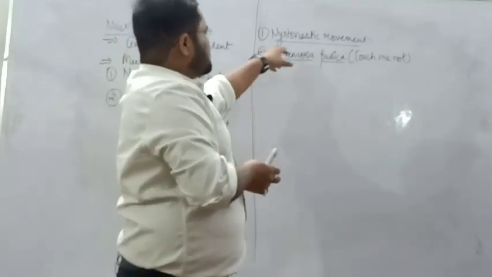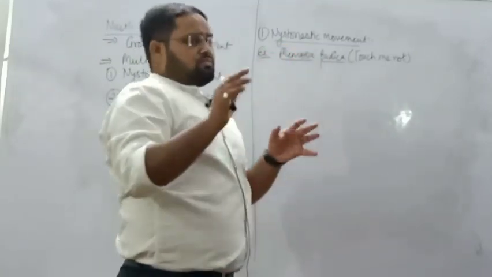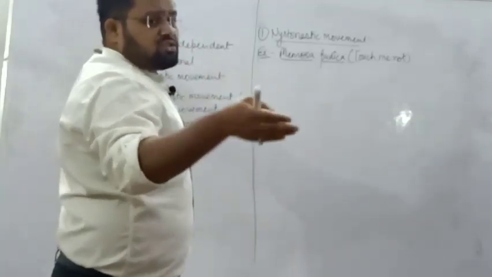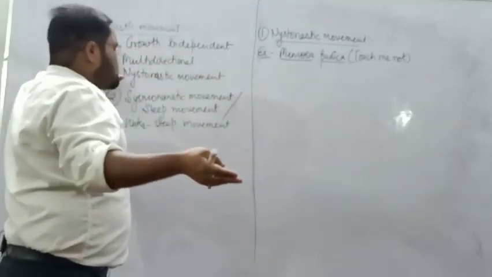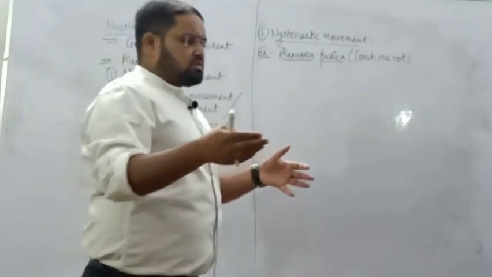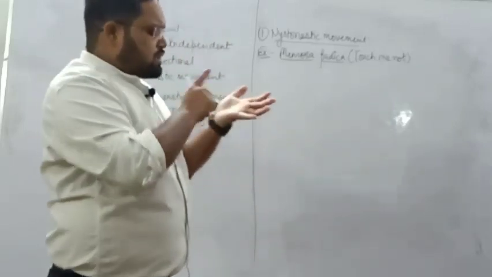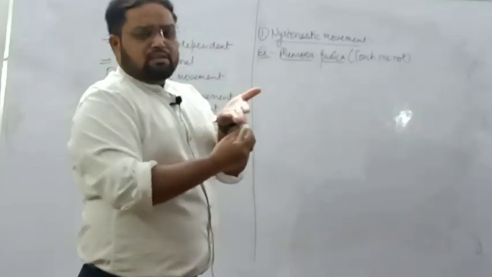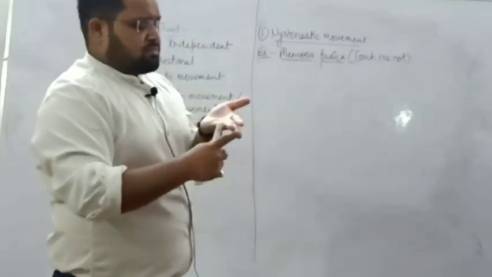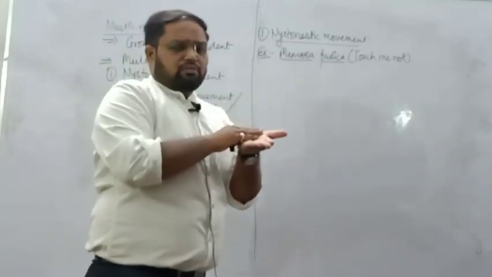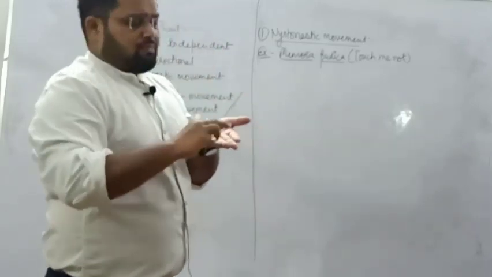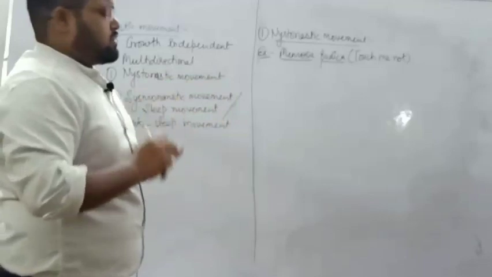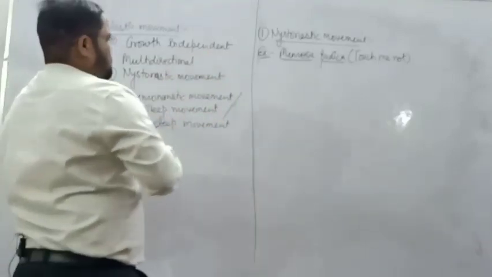So here nastonastic movement is there because it is growth independent, since no growth happens when we touch. The stimulus is multi-directional: when we touch a single leaf, the single leaf shrinks, but all the branched leaves also shrink. So these are multi-directional. So this one is a nastonastic movement.